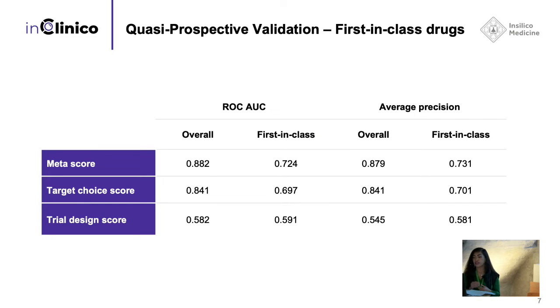Now, this is another question we always get. What about first-in-class drugs? How can the system predict first-in-class molecules, because there's no prior existing knowledge? In summary, based on the quasi-prospective validation that we did with first-in-class drugs, the overall performance for the Metascore was 88%.